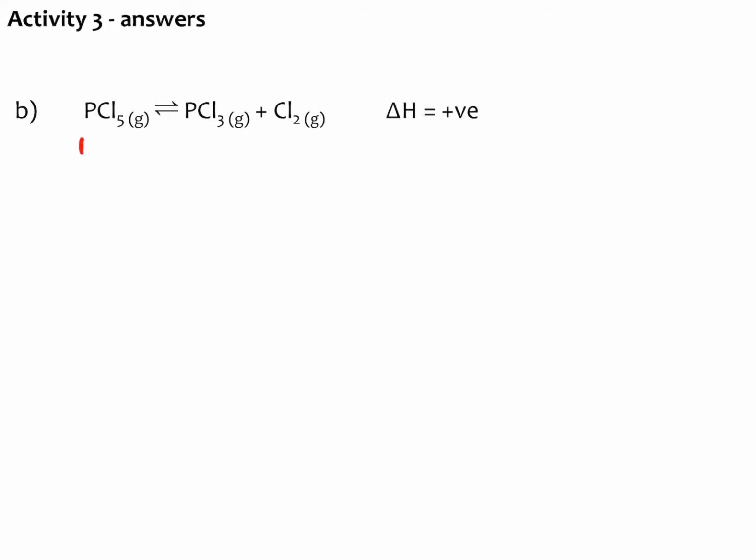For B, we have 1 mole on the left-hand side and we have 2 moles on the right-hand side. So the fewer moles we have, the lower the pressure. So the left-hand side would be a lower pressure environment, and we have a higher pressure on the right-hand side.